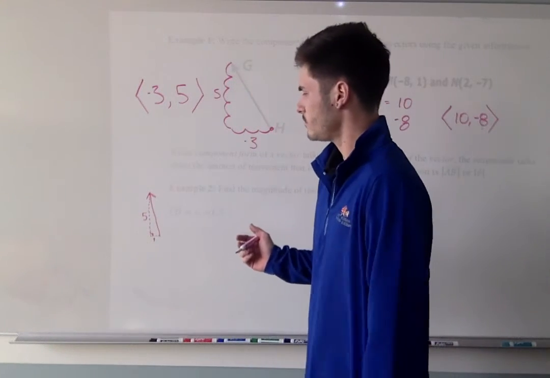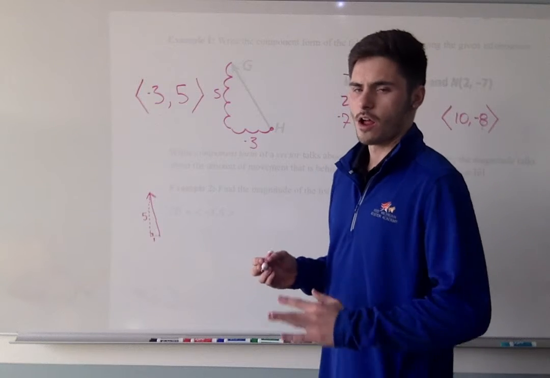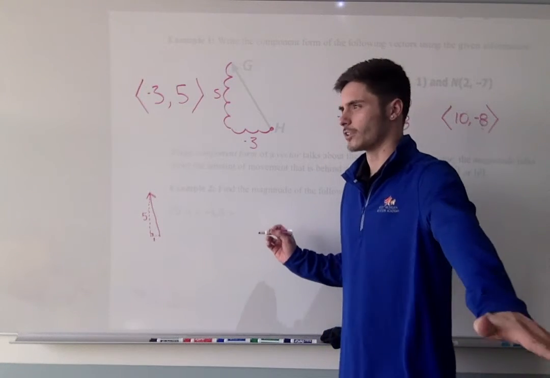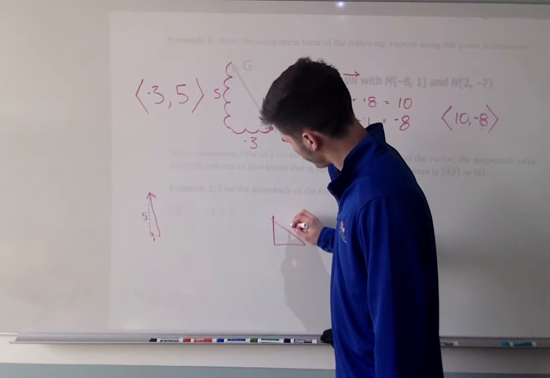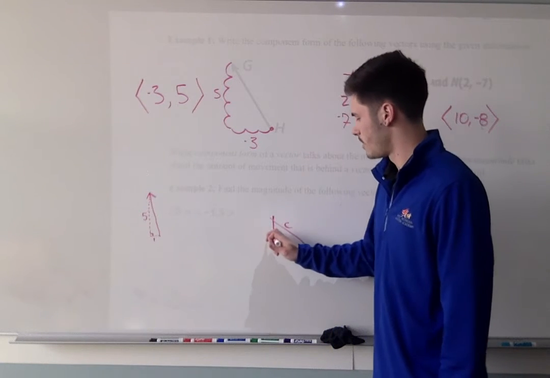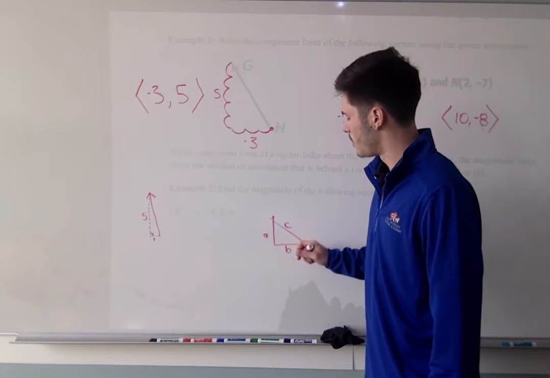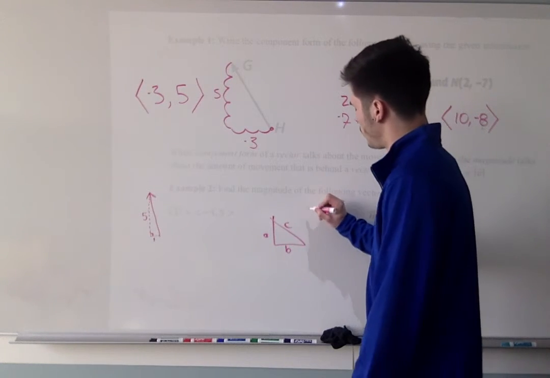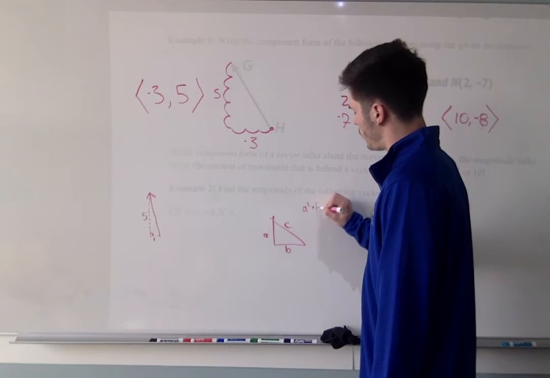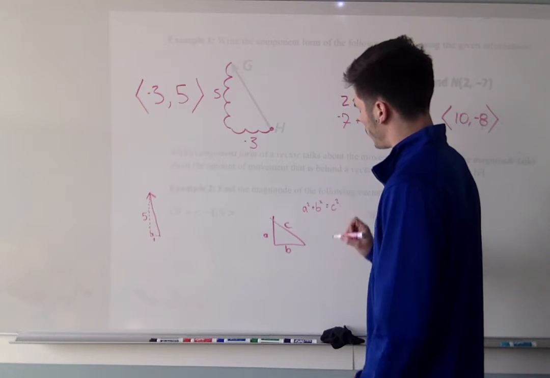we can use. So something that you'll know for the rest of your life is how to find this distance here, right? If we have A, B, and C, we know that we can find C, the hypotenuse, by doing A squared plus B squared equals C squared.